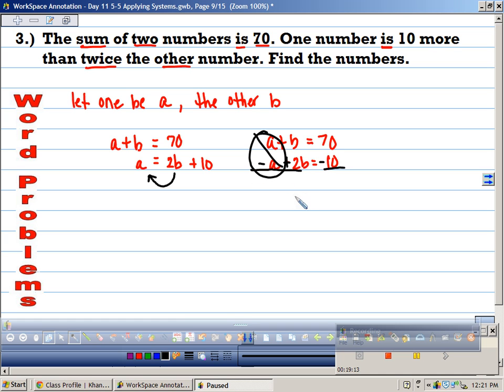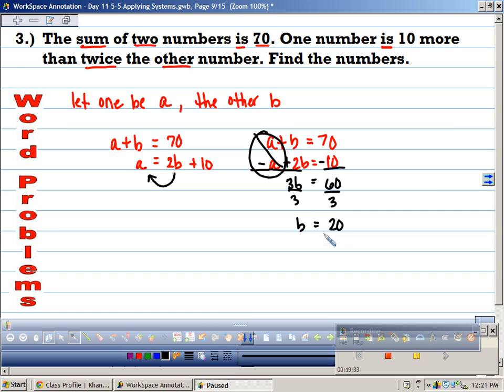So the A's are eliminated, and I'm left with 2B's plus 1B is 3B's equals 60. If 3B's are 60, how much is 1B? 20. 20, 40, 60, right? Or just divide. So B equals 20.